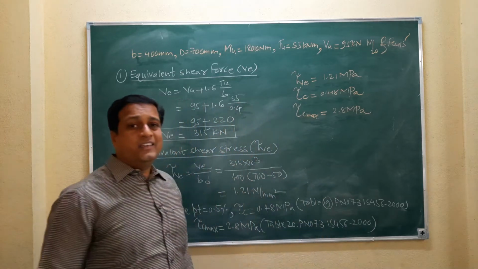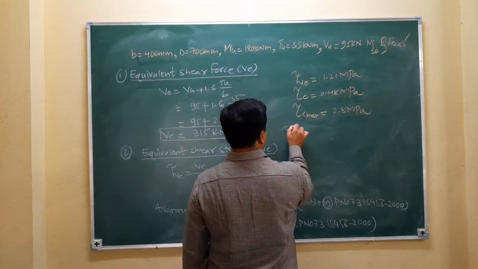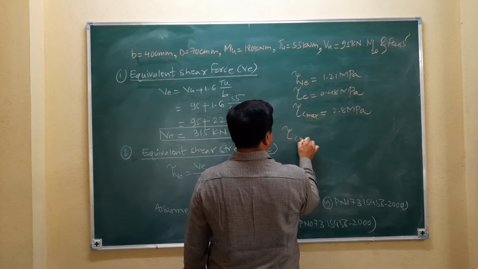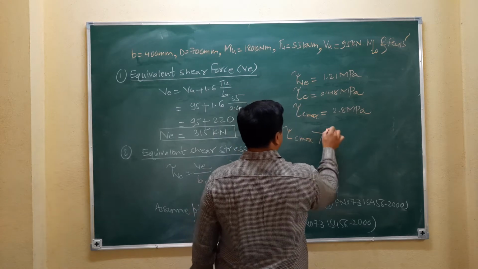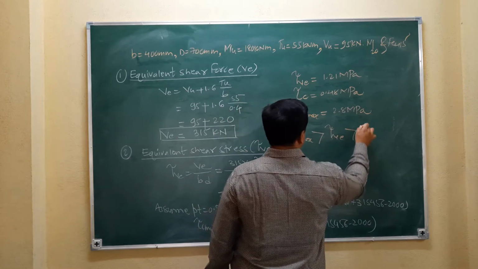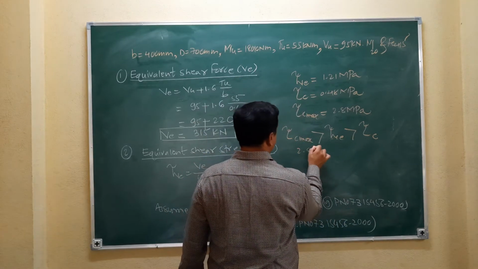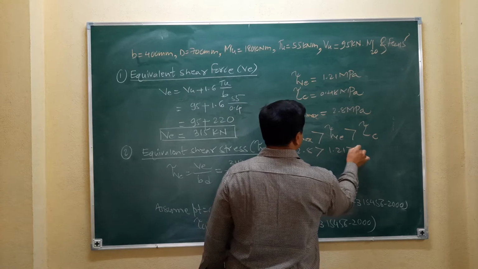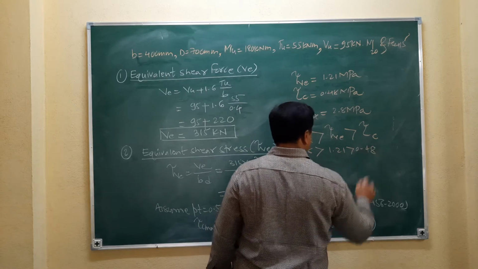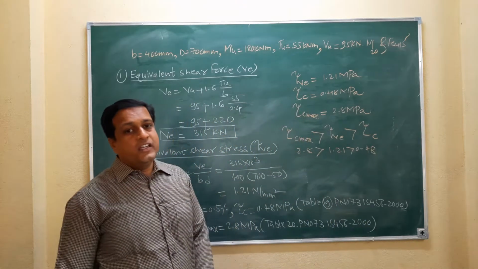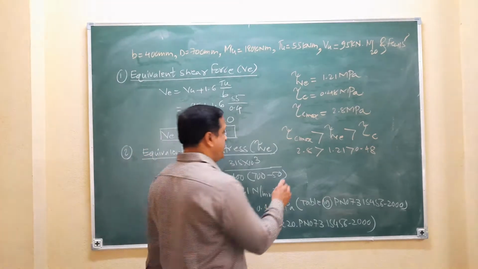By comparing these three stresses, what we observe is that tau c max is more than tau Ve, which is more than tau c. It is 2.8, more than 1.21, more than 0.48. So what is our remark? Shear and longitudinal reinforcement is required.